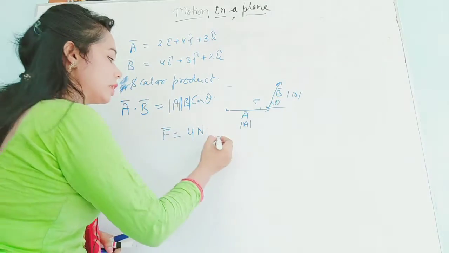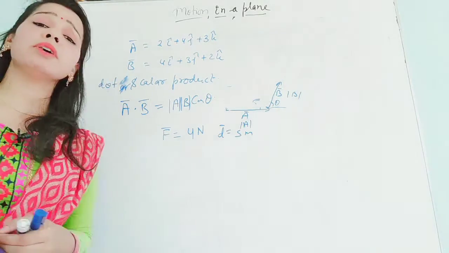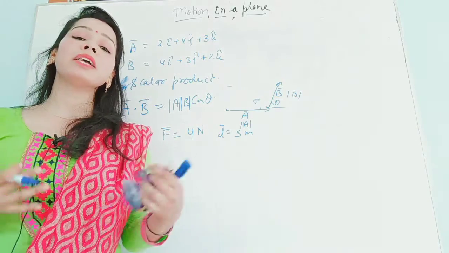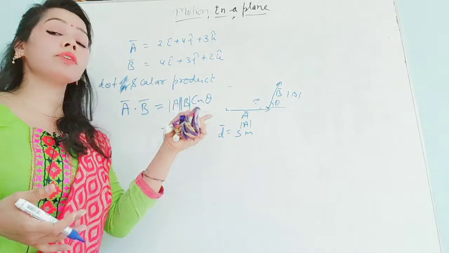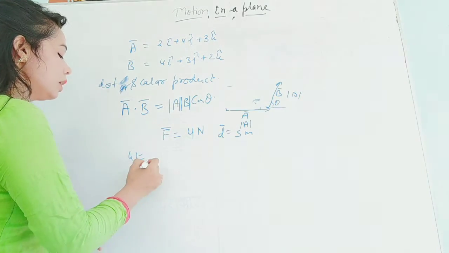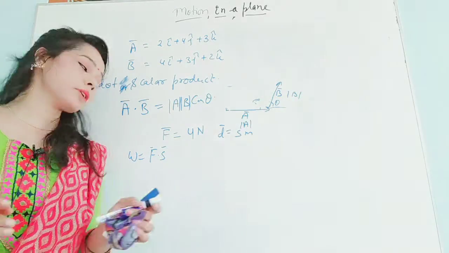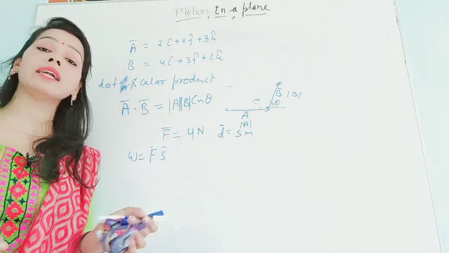So you write displacement D equals 5 meter. What would be the work done by this force of 4 Newton? Using this formula A dot B, you can find the value of work done. Work done is equal to F dot S, force dot displacement, the dot product of force and displacement.